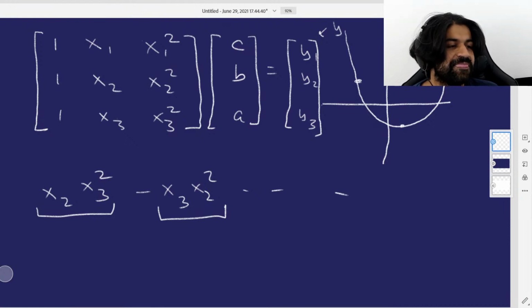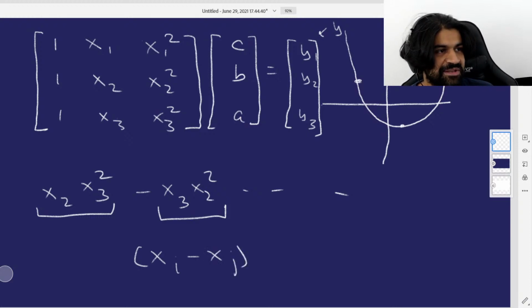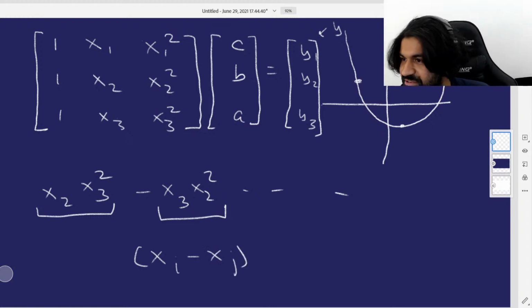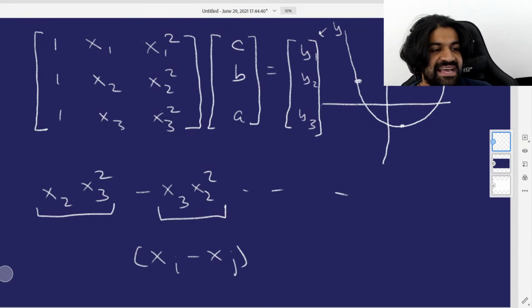Also, you know that xi minus xj is always a factor of this polynomial. So you know that x1 minus x2 must be a factor of this polynomial, x2 minus x3 will be a factor of this polynomial, and x1 minus x3 is going to be a factor of this polynomial. So because each term has degree 3, we found all the factors, essentially.